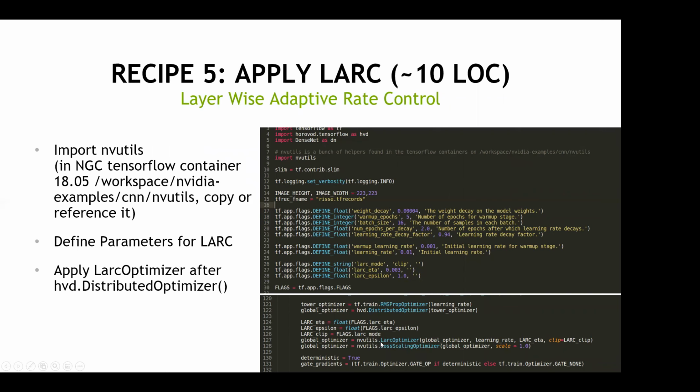Here I was consuming it from one of our packages, NVUtils, but you find it as a standard recipe now in, I would say, kind of all frameworks, and you apply it after the other optimizers. Don't be confused about this loss scaling optimizer. That was due to mixed precision, so you can ignore it for the moment.